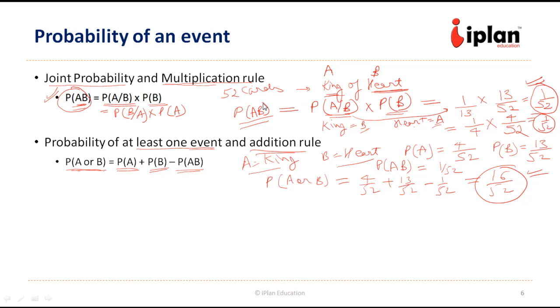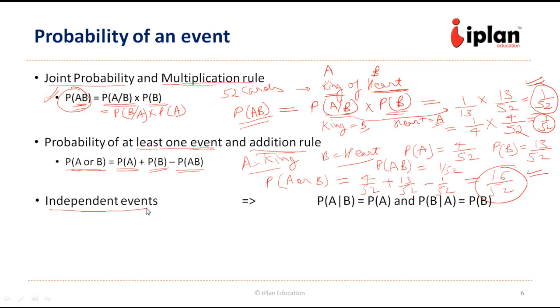So that is our answer. Now let us look at certain specific cases of the multiplication rule and addition rule, where the events are independent, which means the occurrence of one event is independent of the other. So the conditional probability is the same as the marginal probability. For example, the probability of A given that B has already occurred is the same as the probability of A. So the probability of A is independent of whether B has already occurred or not.